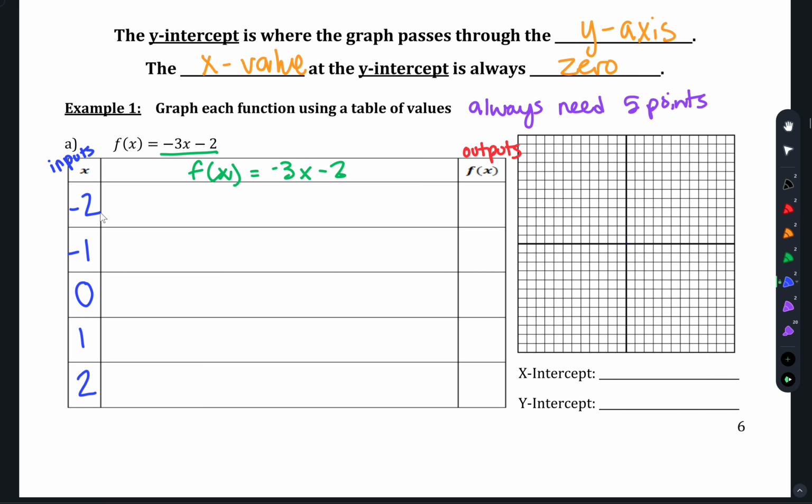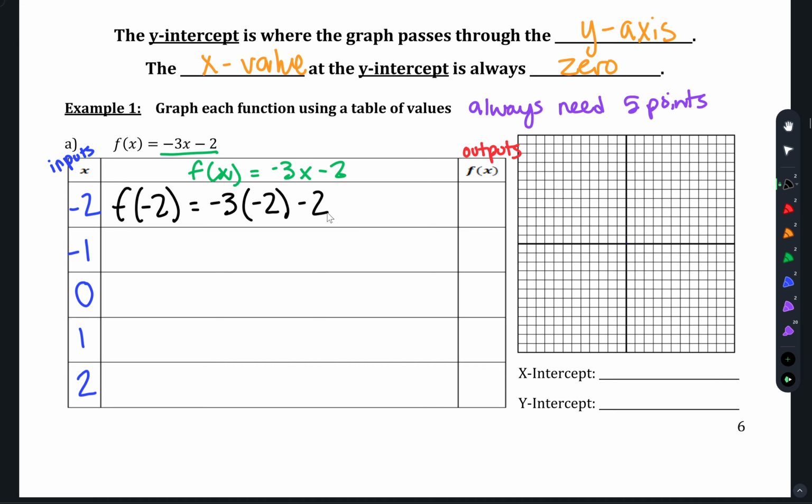Now we're going to plug these numbers into our function machine, f of x. So I want f when x is negative 2 equals negative 3 times negative 2 minus 2. At minimum, this is what I want to see, the plugging in step.